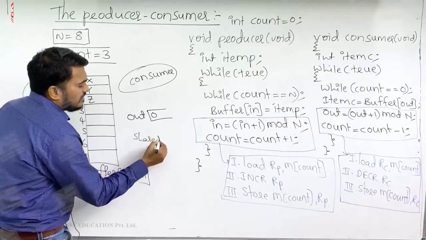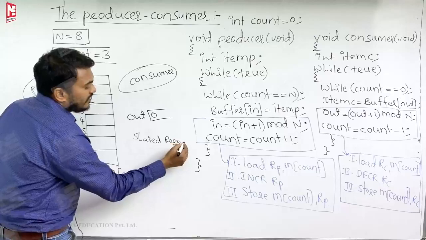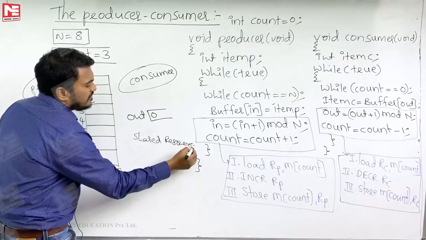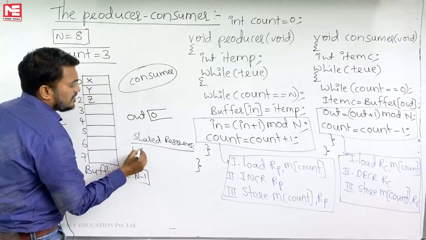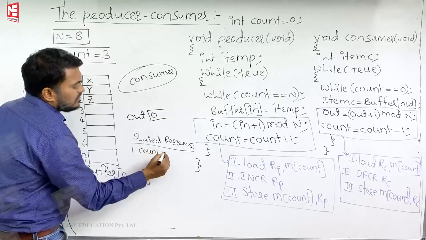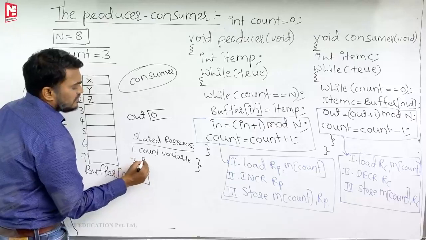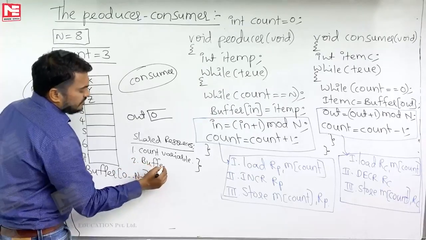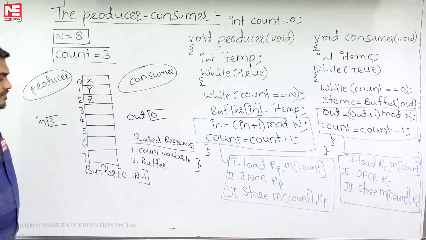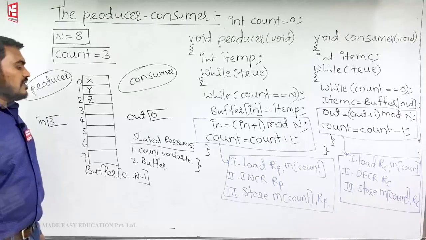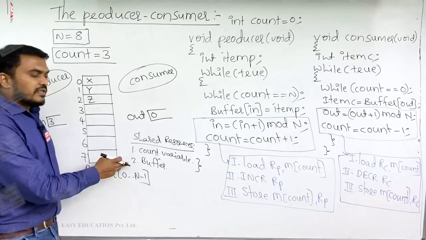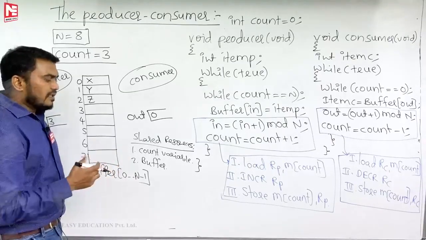Copy it down. The first one is the count variable. The second one is the buffer.